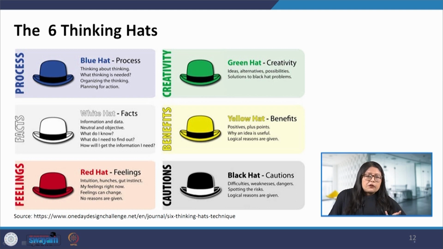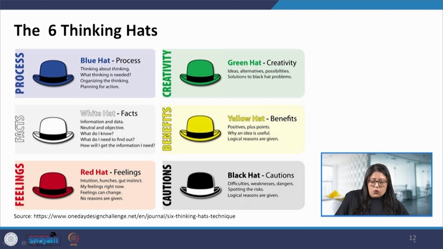If somebody is wearing a black hat, then they will be critical and very cautious. Each color of hat symbolizes the way different people observe reality, and this is one method where the observer can take off a hat and put on another hat. So this adds a dimension to the whole process.